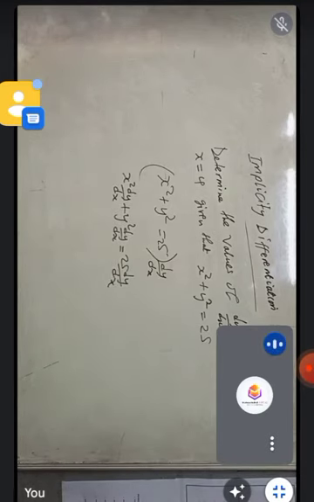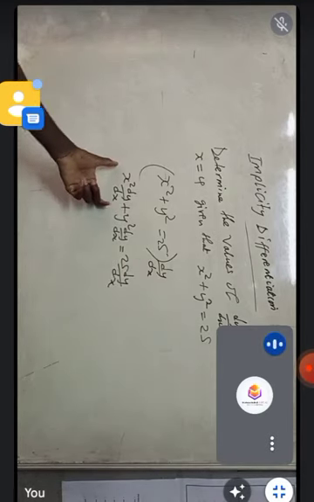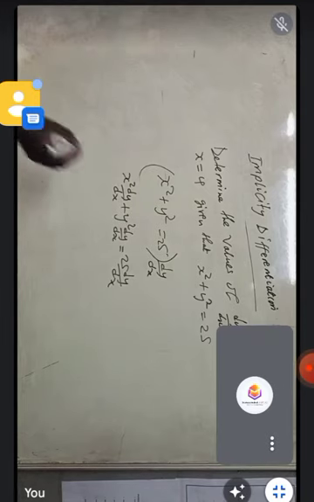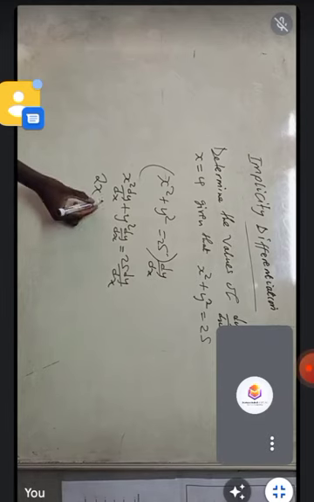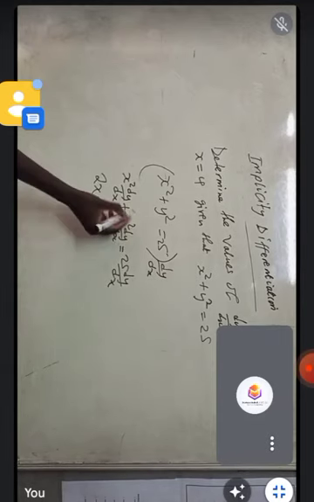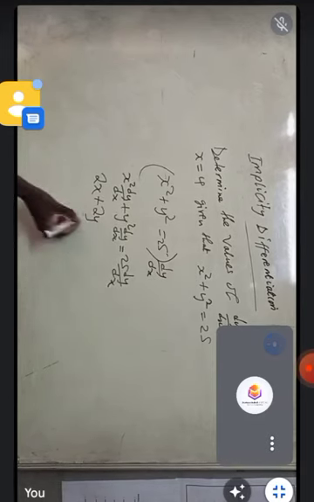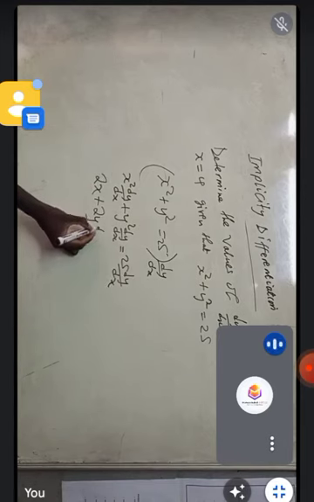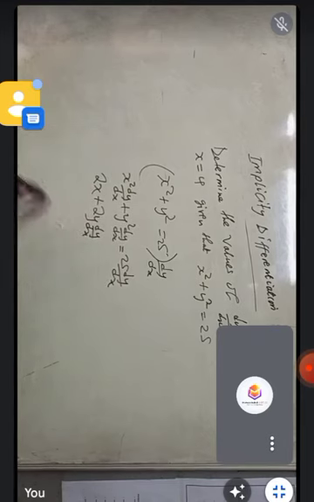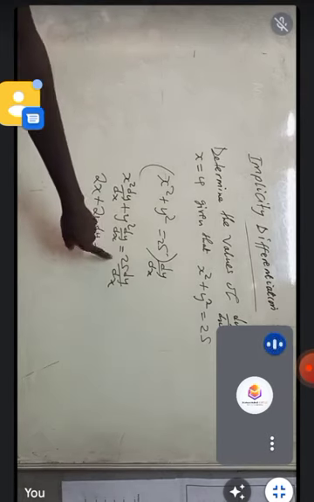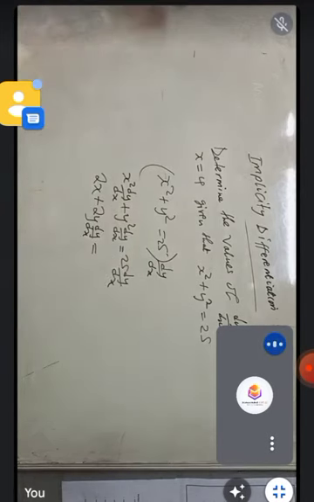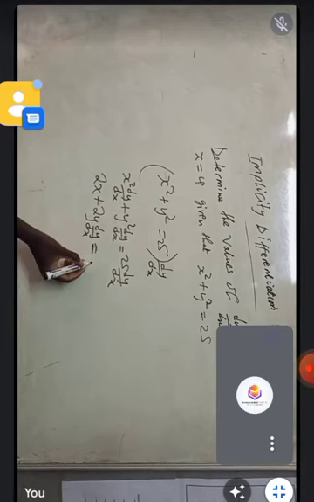Now we are going to differentiate term by term. So this will give us 2x plus this will give us 2y. Since we are differentiating y, we are going to have dy over dx. Again, this is equal to, so when you're differentiating a constant, it will give you a what? A 0.